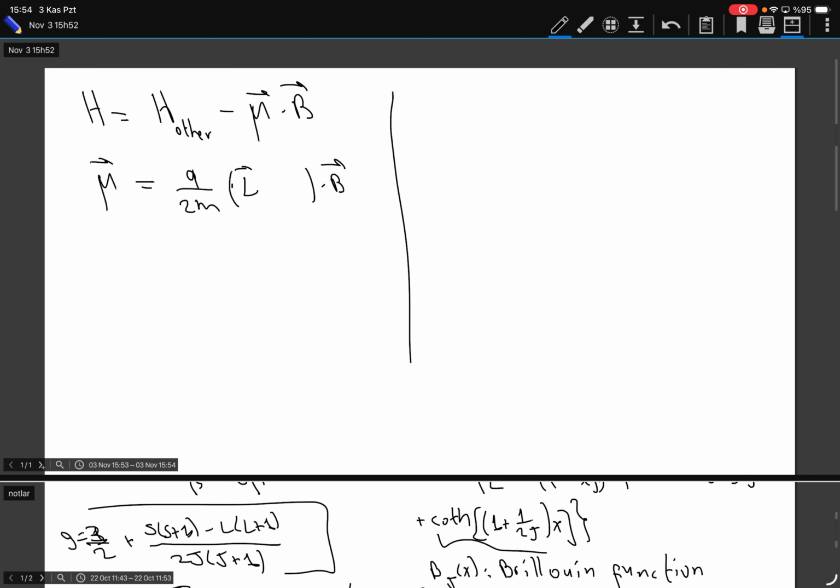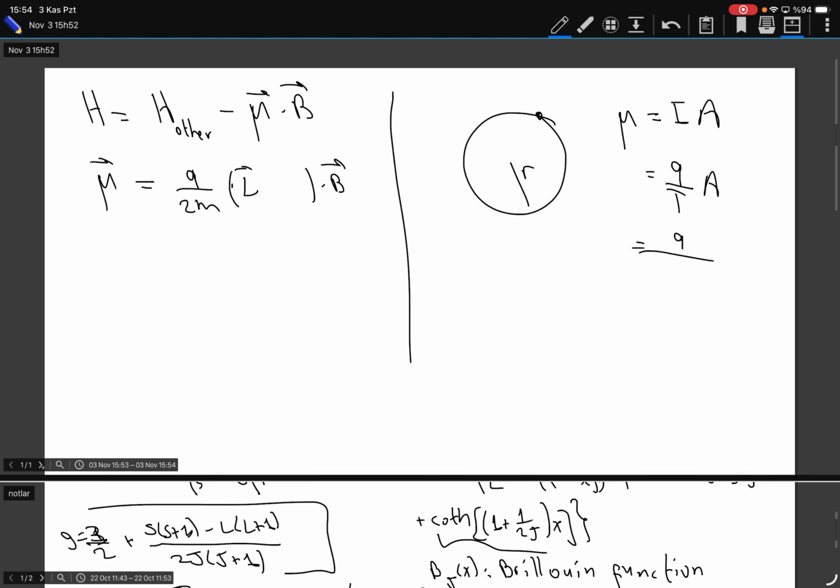A very simple case, let's say that we have a point particle. It can be the electron orbiting the atom, for example. The magnetic moment in general is defined as the current times the area. This is the general definition. Let's say it is going around a circular orbit with radius r. The current will be whatever charge my particle has divided by the period of rotation, times the area.